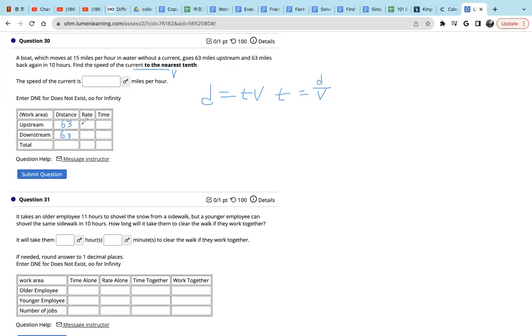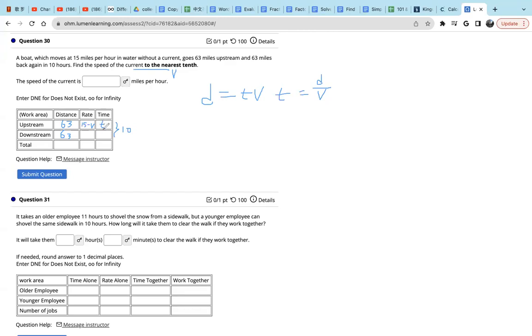So upstream, the boat speed is 15 because it goes against the current. So it's 15 minus V. Let's call the time spent T because we don't know exactly. We only know those two, back and forth, add together to 10 hours, but we do not know the individual times.